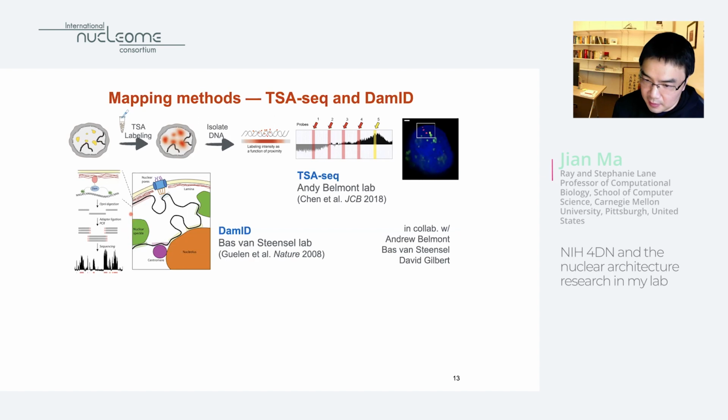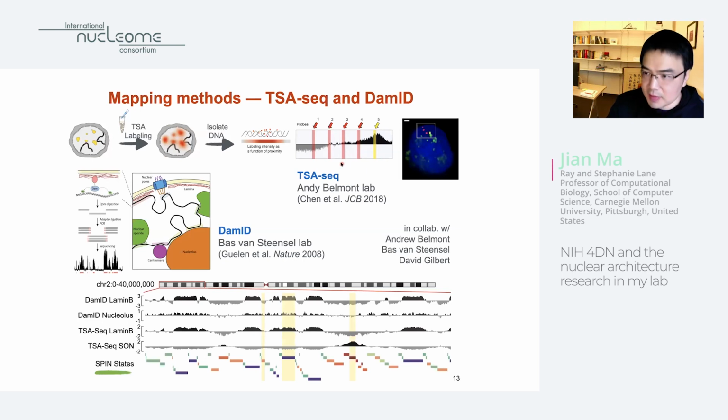A methylation-sensitive restriction enzyme will be able to detect them, and then through sequencing, you'll be able to generate these genomic maps as well. So you can define LADs, etc., but we use these input signals and integrate them with the TSA-seq signal for our computation.